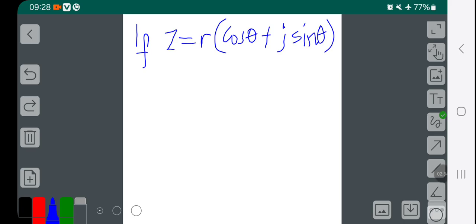As you can see, you already know that this is the polar form. Then they say the nth roots of z are given by the formula.